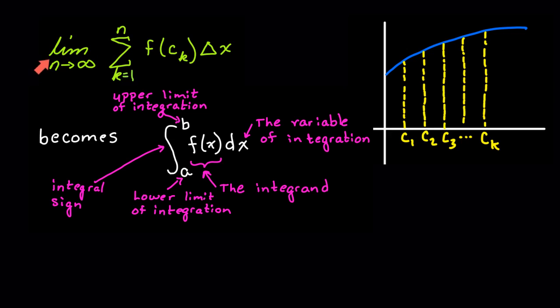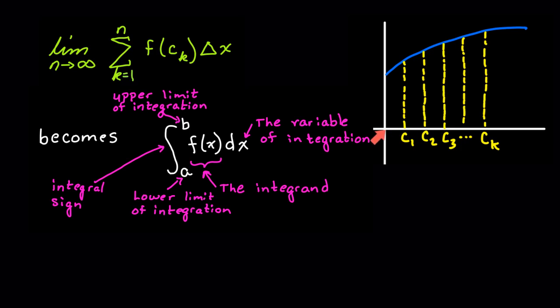Now this notation says the limit as n approaches infinity of the sum from k equals 1 to n of f of c sub k times delta x. Now, if you look at the graph over here, delta x will represent the small change of x between each of the sides of your rectangles.